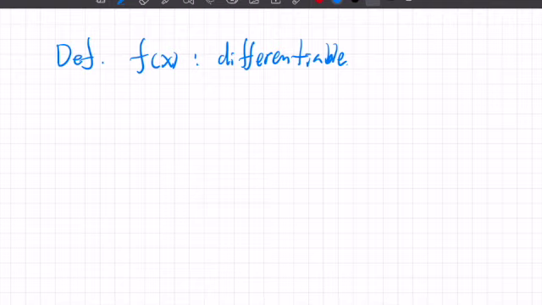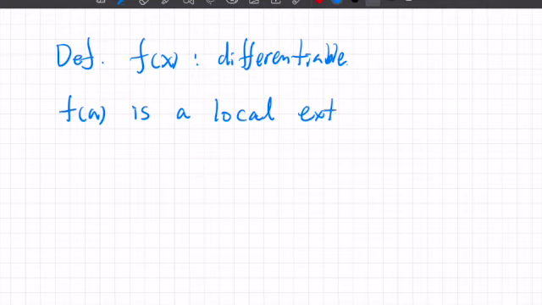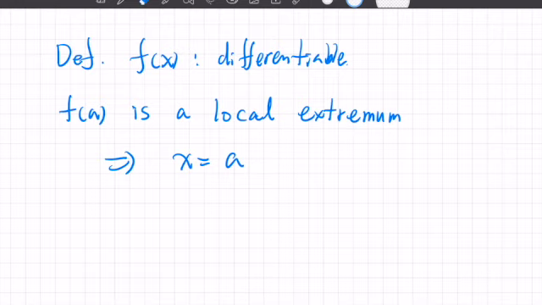And if f of a is a local extremum, that means local maximum or local minimum, then this implies this point a is a stationary point.